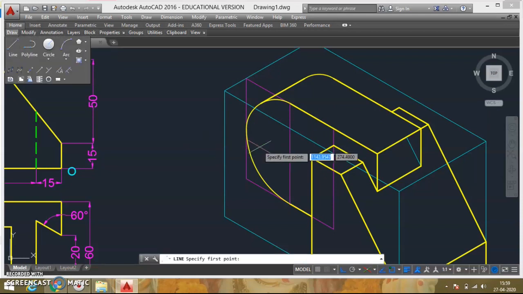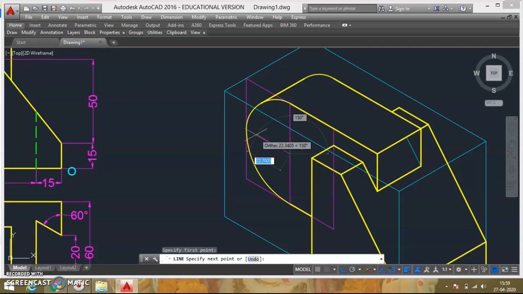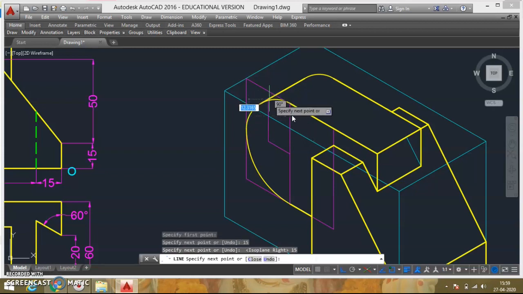Then considering that midpoint, I can go on this side for 15, go up for 15, then on this side for 30, then come down for 30, then on this side for 30, and then up. So in this way you can get that rhombus.